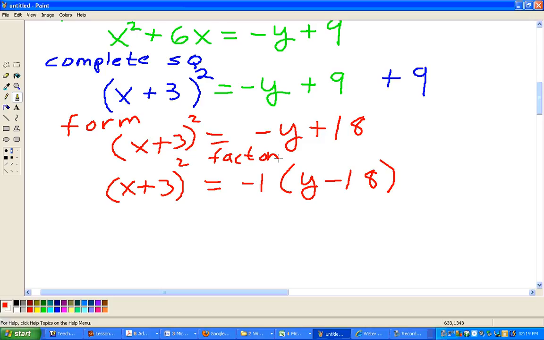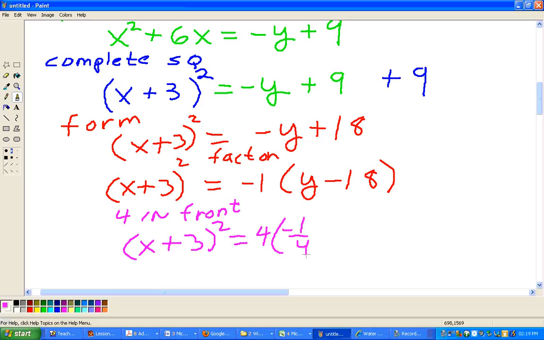The last thing you need is the 4 in front. I now have enough information that I can tell you lots about the parabola.